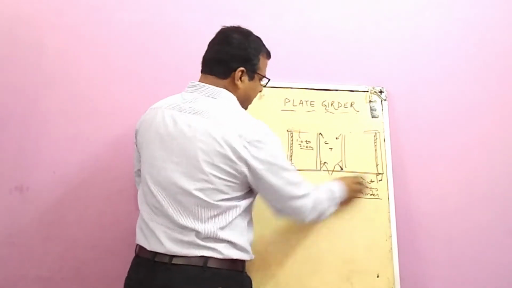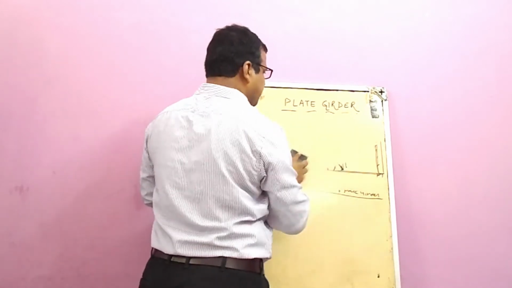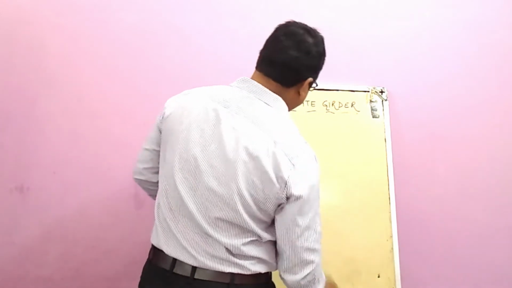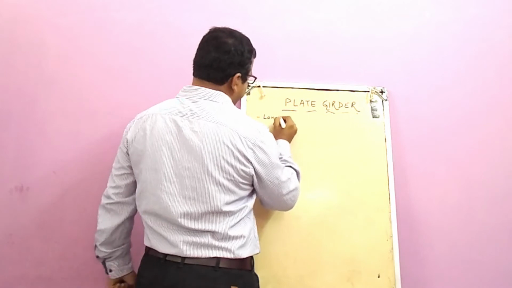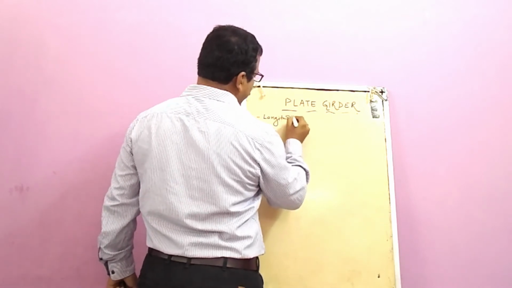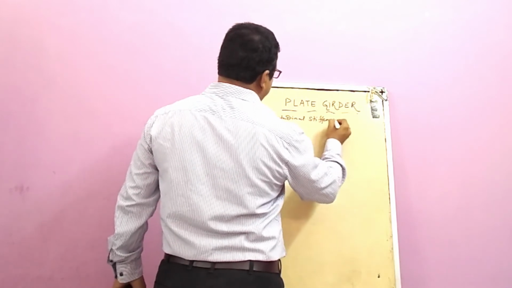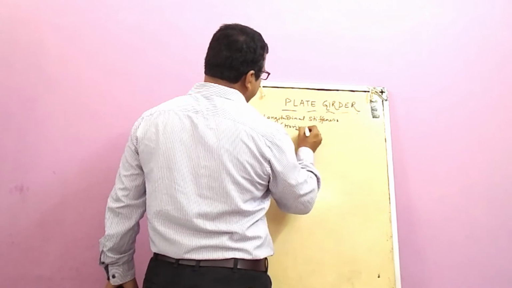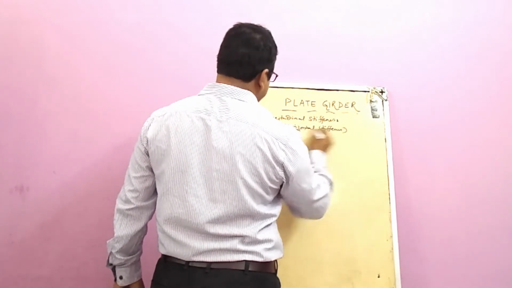So these are the transverse stiffeners, or these are called the horizontal stiffeners.